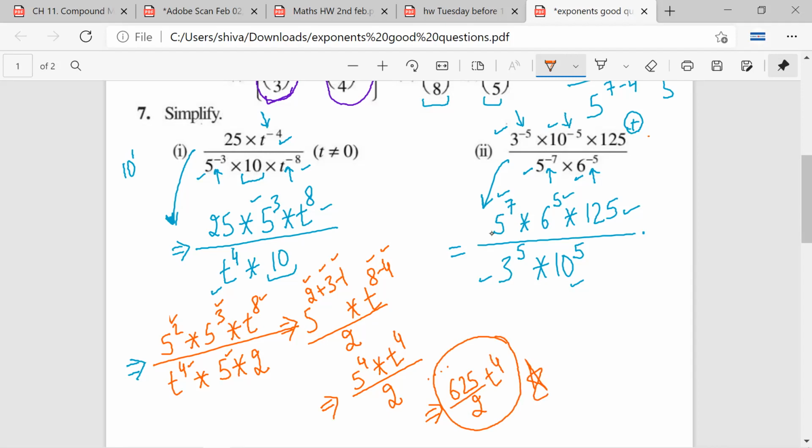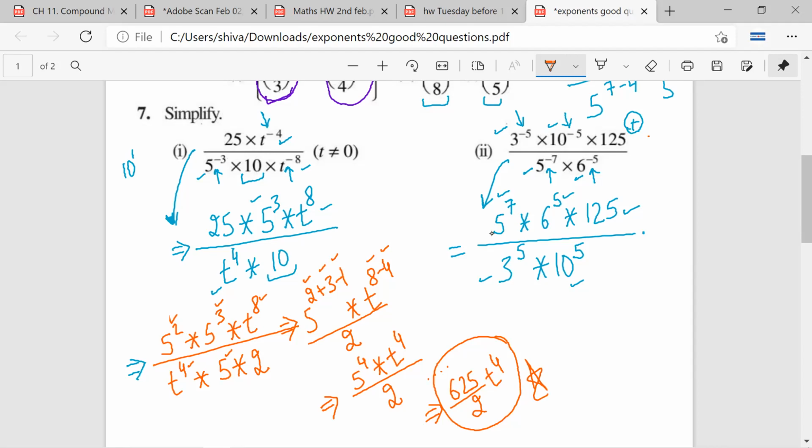So can we use the other method, like you take the denominator to the numerator, so it becomes 5 raised to 2 into 5 raised to 3 into t raised to 8 into t raised to 4 into 10? I'm sorry, can you repeat?